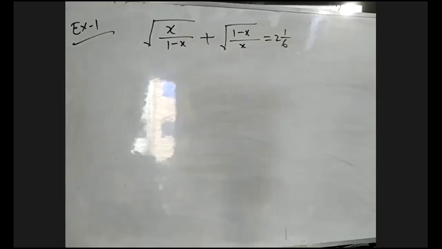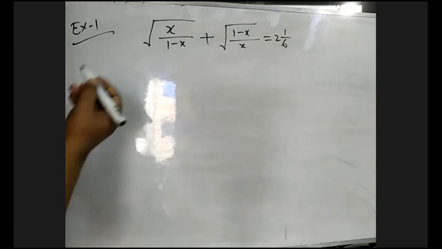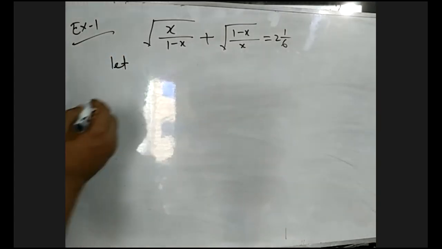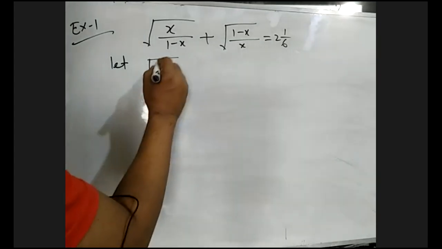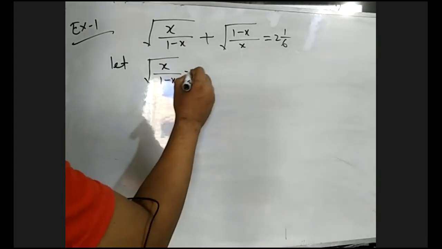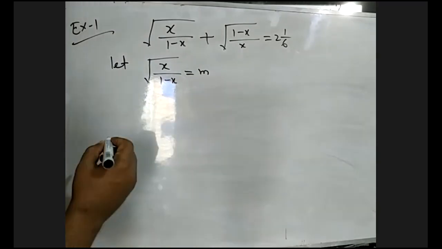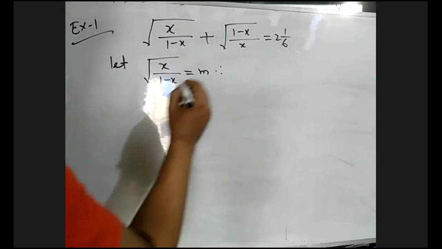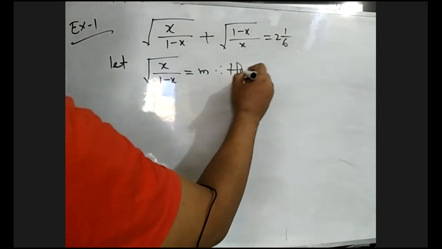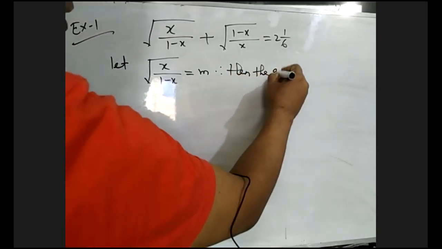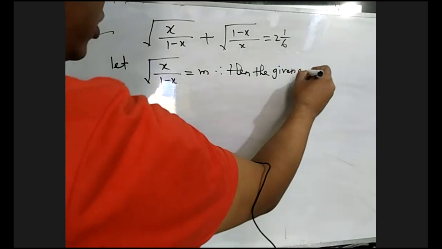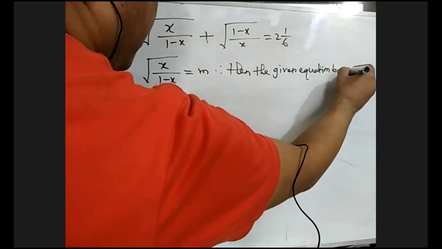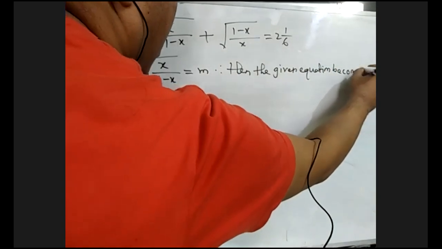Okay, now we'll try to solve this equation. Let us consider square root of x divided by 1 minus x equals m.